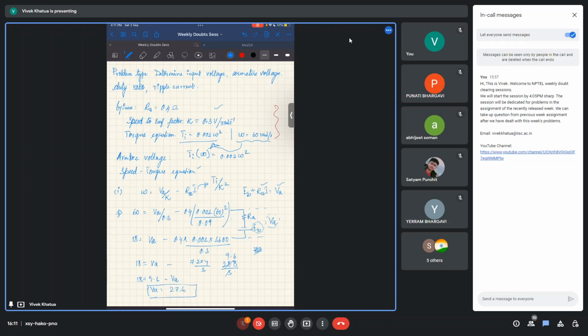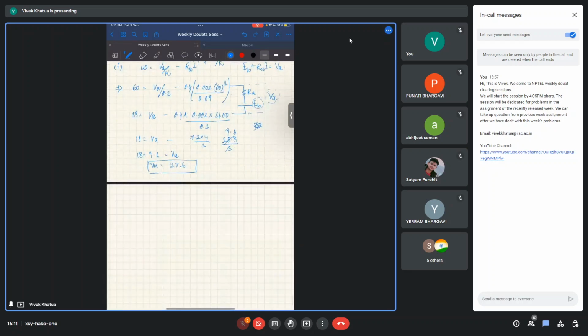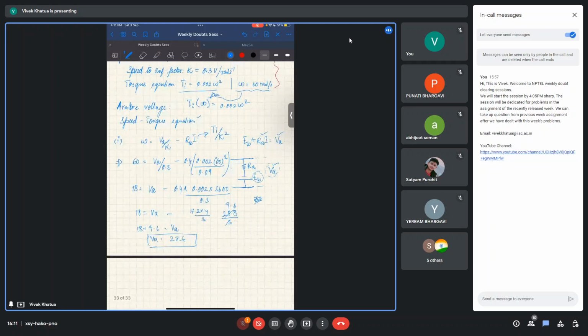This is the voltage across this, your armature voltage. Sometimes it is referred to as input voltage.